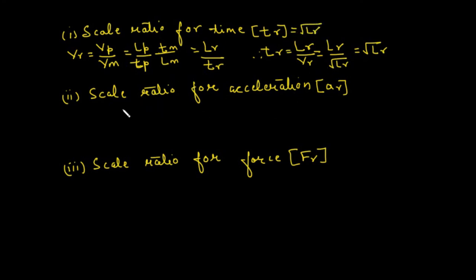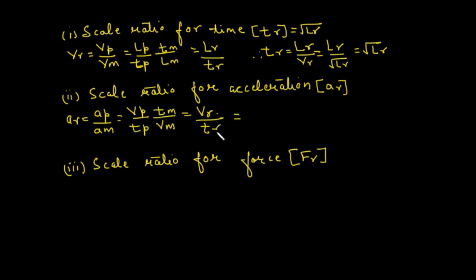Now the scale ratio for acceleration, Ar, is equal to Ap upon Am, where Ap and Am are accelerations in prototype and model. So that can be written as Vp upon Tp divided by Vm upon Tm. But Vp upon Vm is Vr and Tp upon Tm is Tr.